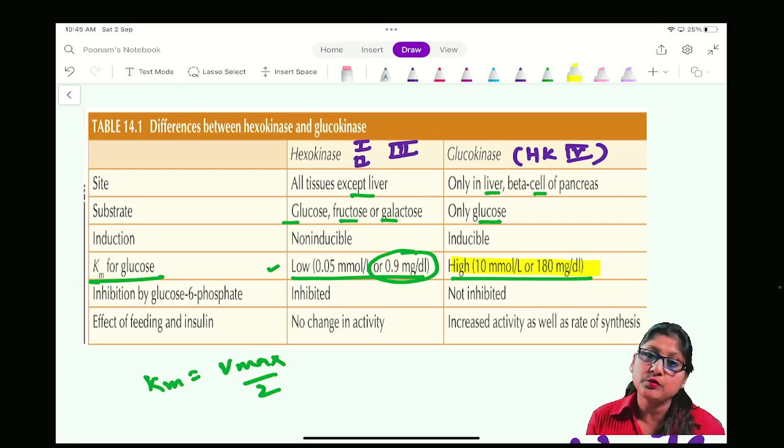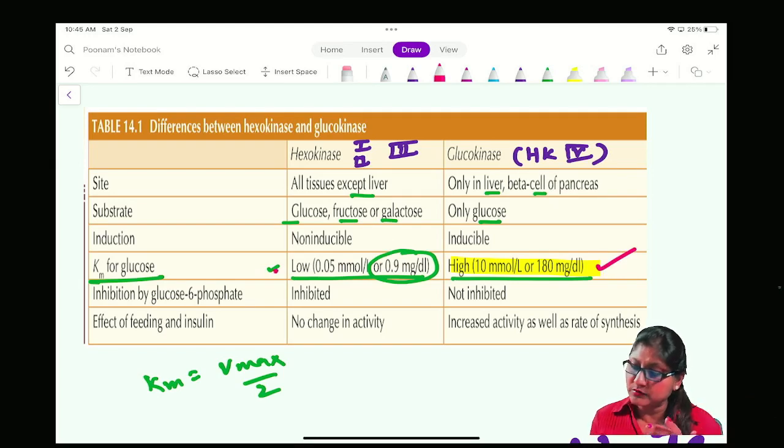This high amount of glucose will be required to get the half max velocity if the glucokinase wishes to convert that glucose to glucose 6-phosphate, just because glucokinase is having low affinity. So that gives a very practical aspect to it, that glucokinase, which is there in the liver and beta cell, will be practically active only when very high content of glucose is there in the body fluids, and that is seen in well-fed state.